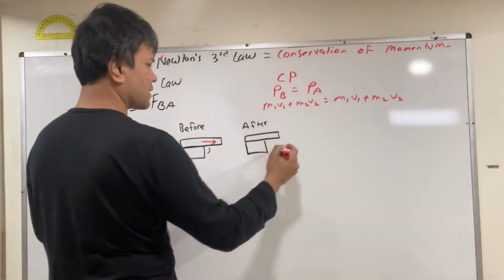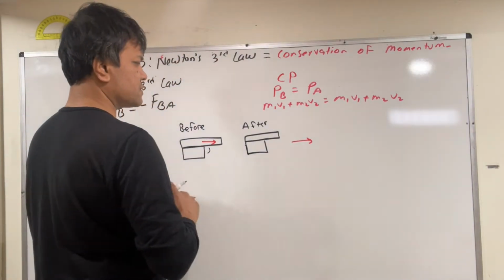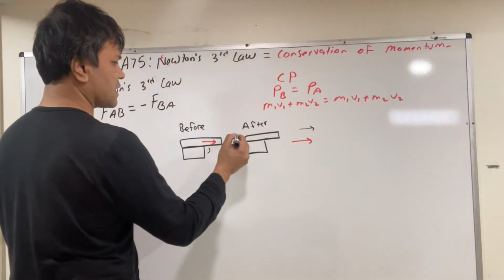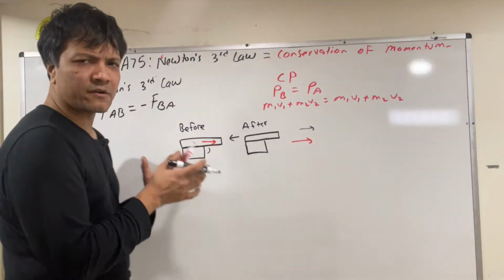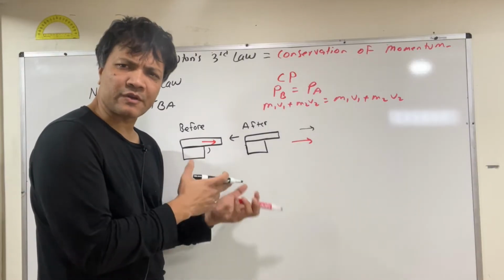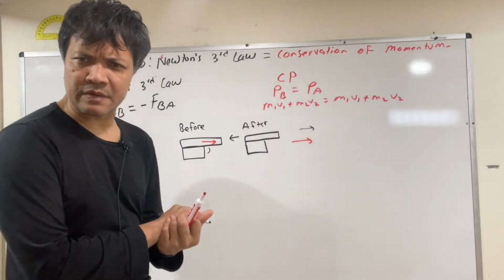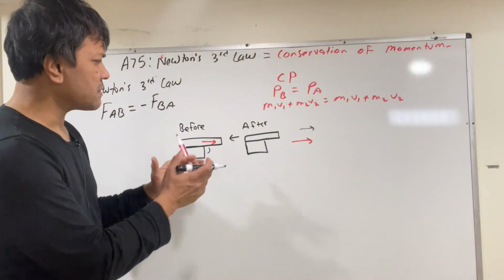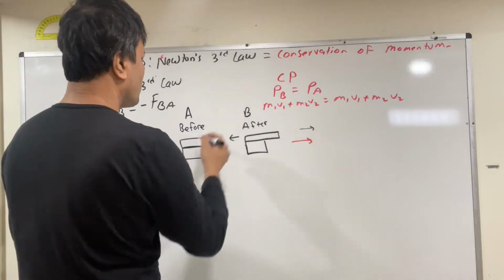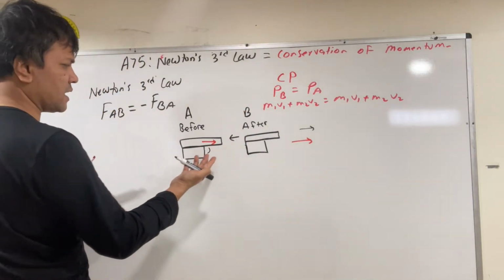This is the bullet and it goes this direction, and this is the gun going this direction. This is called the recoil velocity, because we are trying to find the recoil velocity of the gun. You can call this before and this after, or call G for gun and B for bullet.